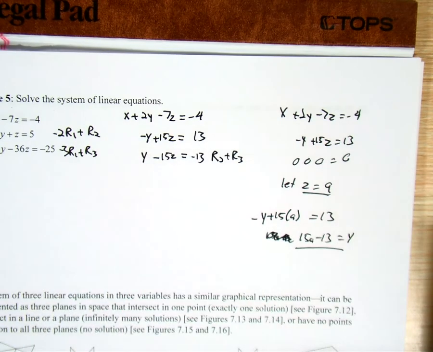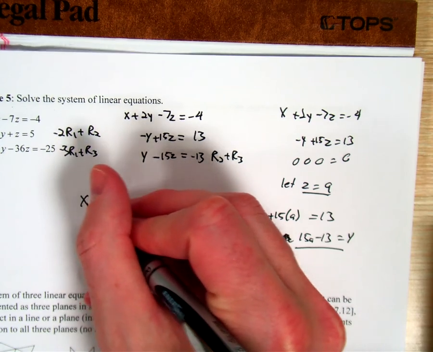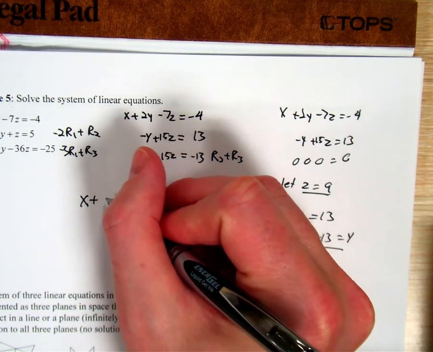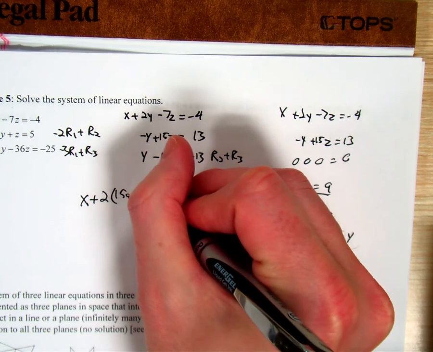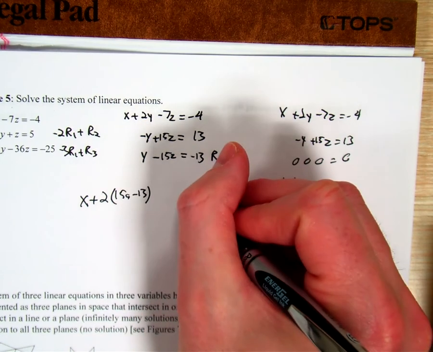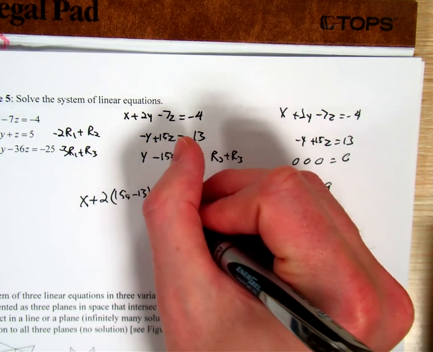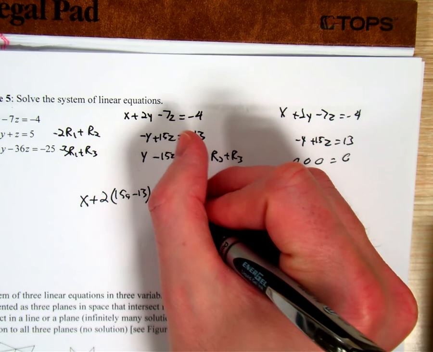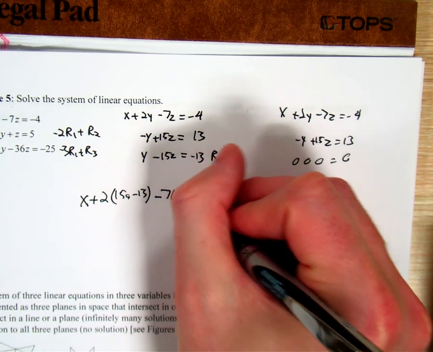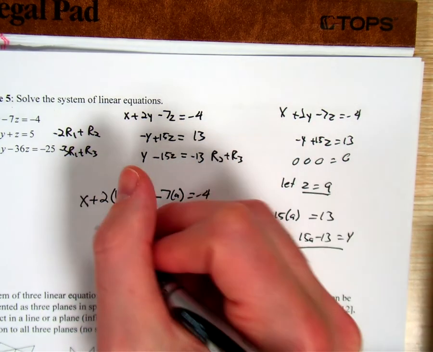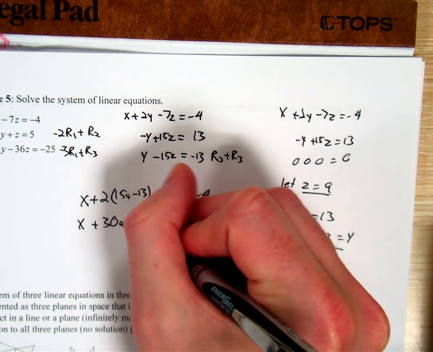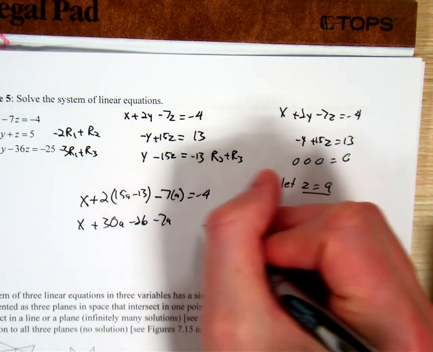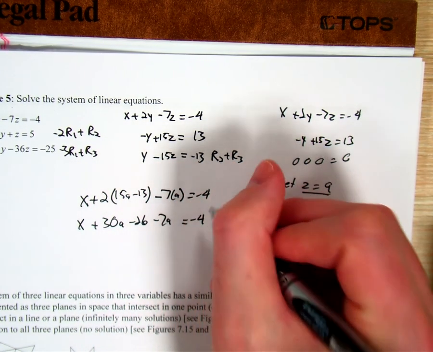Where is our x? We're going to go back to the top. x plus 2 times (15a minus 13) instead of y, minus 7z, and z was just a. 30a minus 26 minus 7a equals negative 4.